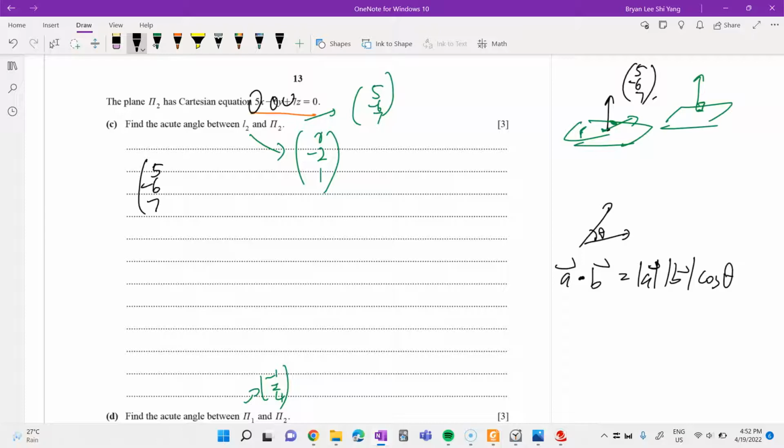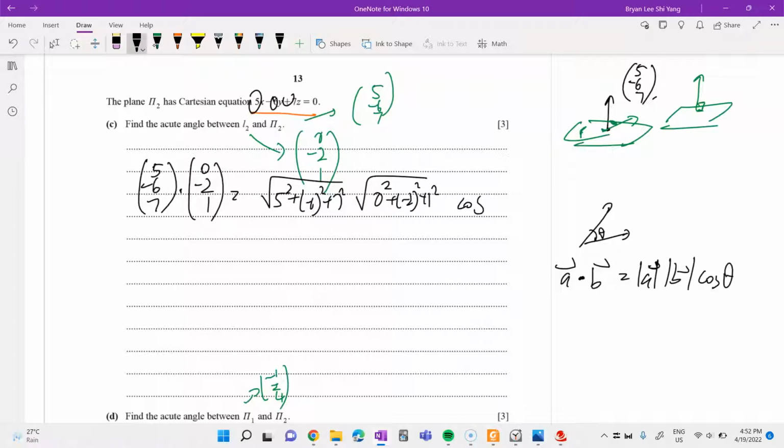So I can say that (5, -6, 7) dot (0, -2, 1) equals the magnitude, which is the square root of 5 squared plus -6 squared plus 7 squared, times the square root of 0 squared plus -2 squared plus 1 squared, times cosine theta.